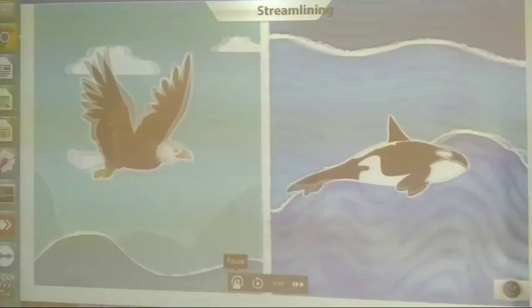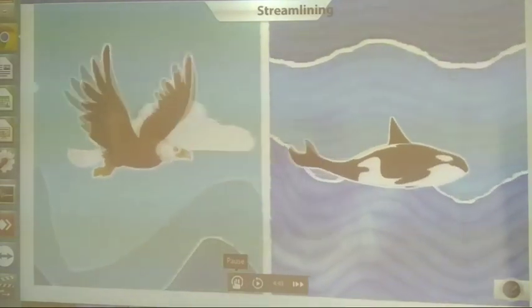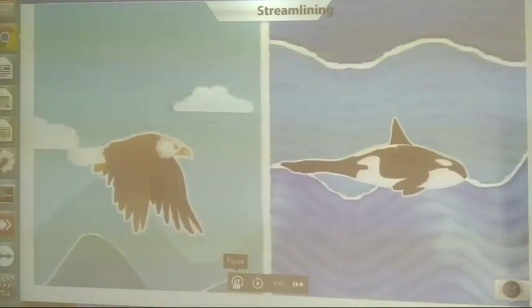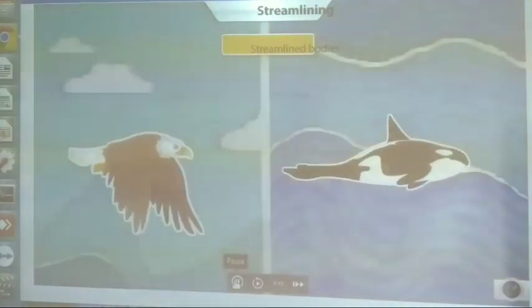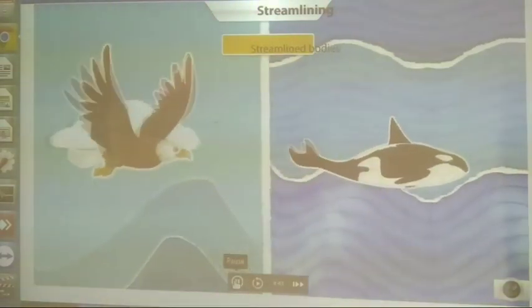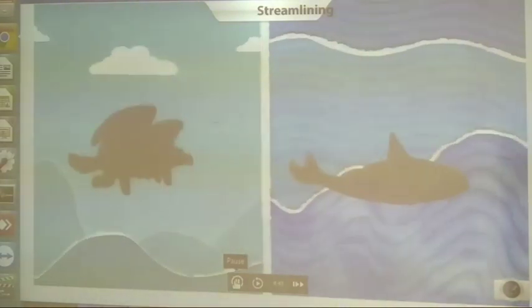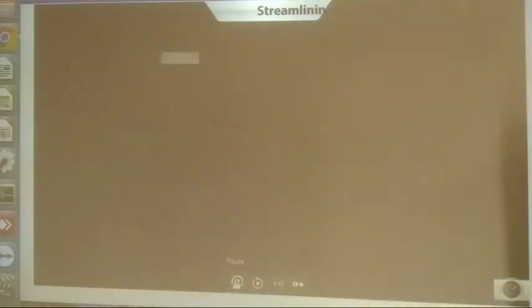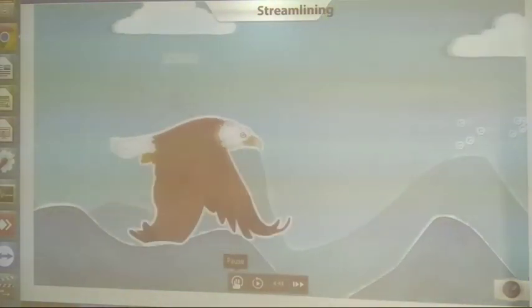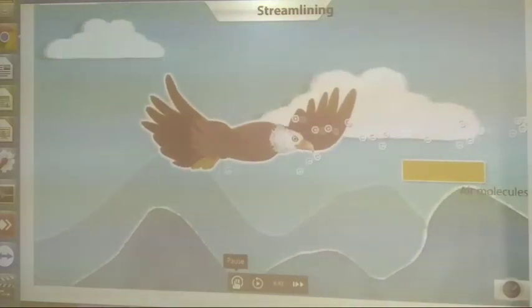Have you ever wondered why nature has provided birds and fishes with special shapes? They have streamlined bodies that help them move faster through air or water. Let's see how. Air and water are fluid mediums. When a bird moves through air, it has to push the air molecules that get in its way.